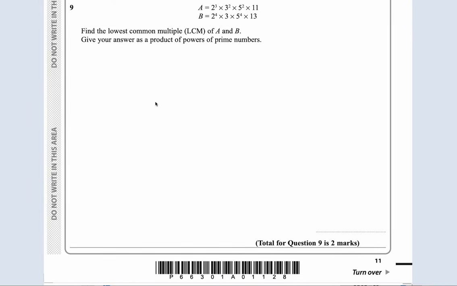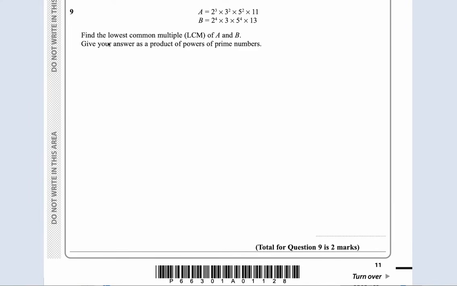Okay. Question 9. Find the lowest common multiple of A and B. Give your answer as a product of prime numbers. Guys, I always draw a Venn diagram. This is A, and this is B. Now I put the common ones in the middle.